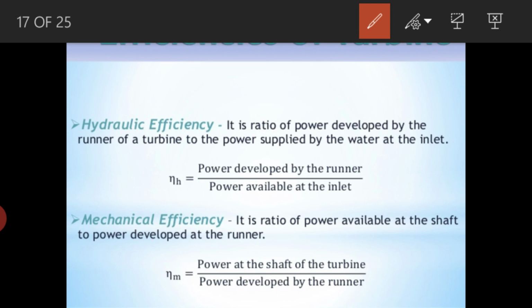Due to mechanical losses, the power available at the shaft of the turbine is less than the power delivered to the runner of the turbine. Thus, the ratio of power available at the shaft of the turbine to the power delivered to the runner is defined as mechanical efficiency. Hence, mathematically it can be written as eta m is equal to power at the shaft of the turbine to the power developed by the runner.